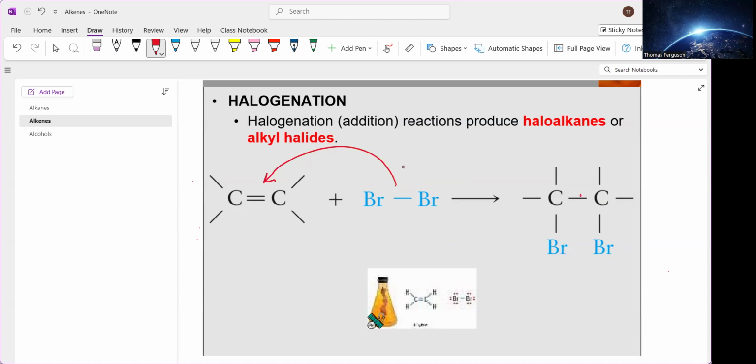And the Br, in this case, Br2 could be Cl2. Normally in my class, I like to talk about Cl2 because it's a more naturally occurring halogen as opposed to Br. What happens is each Br adds to each carbon. We end up with Br across each carbon.